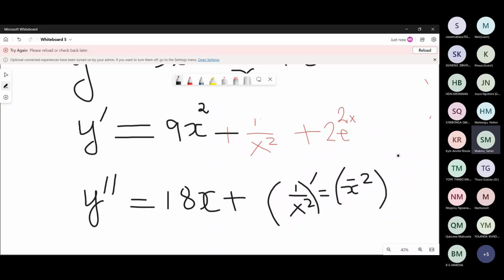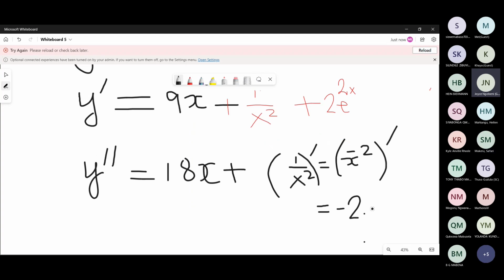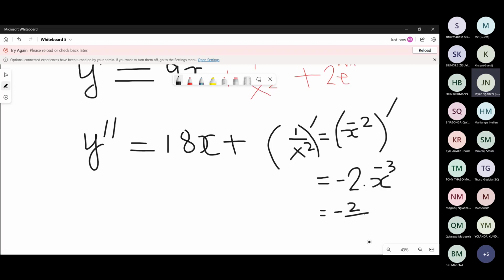Negative 2 comes down, multiplied by x to the power minus 2 minus 1, which is minus 3. Here you have exactly negative 2 over x to the power 3.